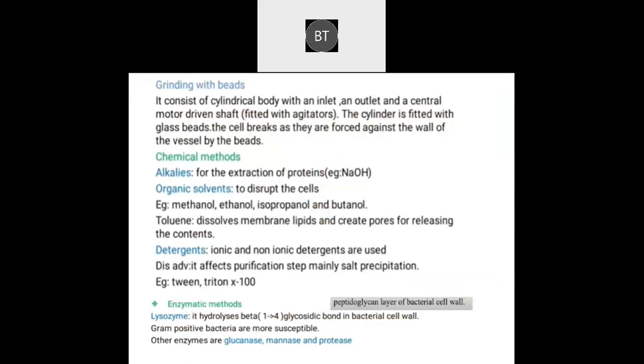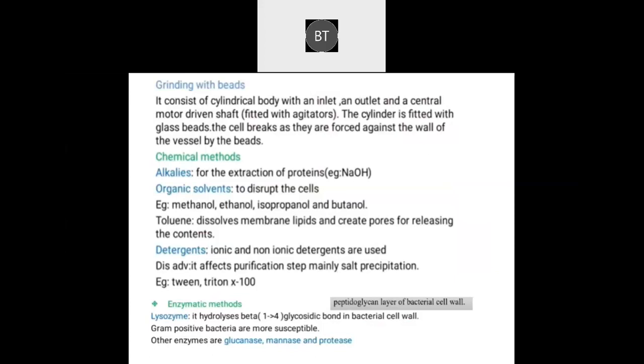Apart from this, we can use even the chemical methods. In chemical methods, we can use detergents to disrupt the structure of the cell membrane by solubilizing their phospholipids. What you all know is that the microorganism cell membrane consists of phospholipids.